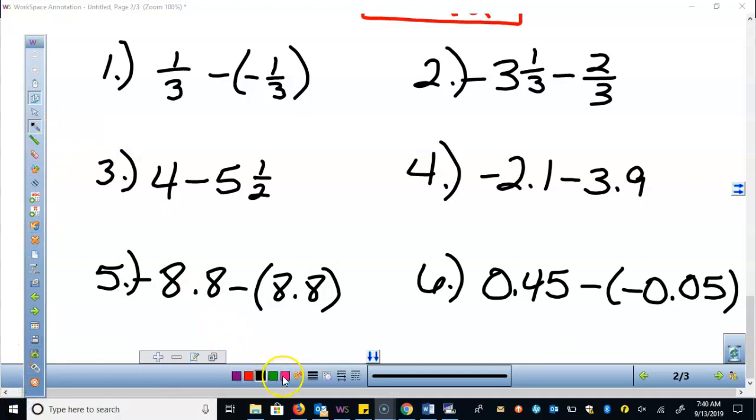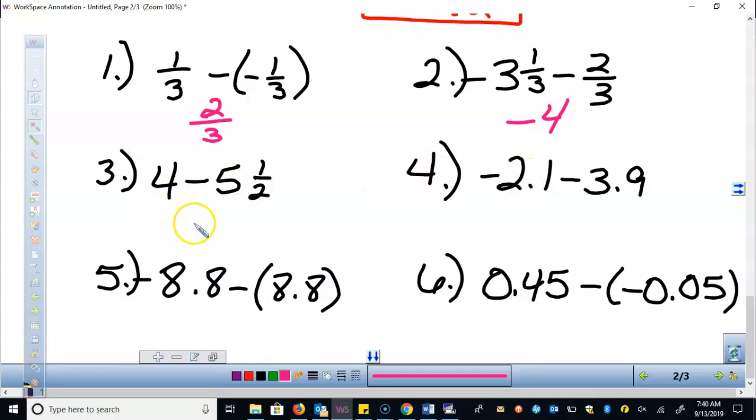Now that you've given it a try, here we go. Let's see how you did. The first one. When you keep, change, change, you're simply adding 1/3 plus 1/3. That gets us 2/3. Number 2, keep, change, change. Again, they're going to be negative, so we add them and we end up with -4.